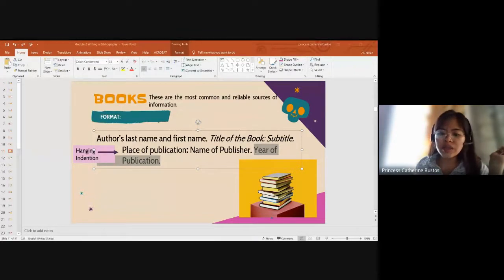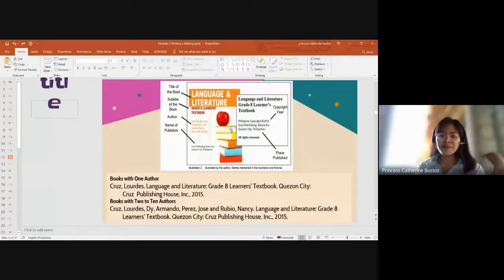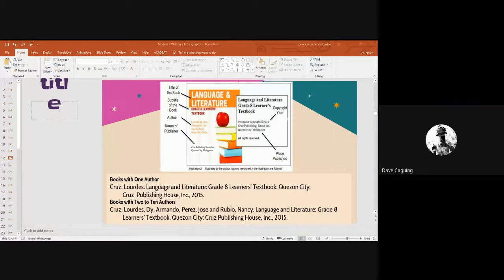Now we will proceed to this example. So we have here a book. Can you tell me the title of our book? Language and literature. Okay, thank you.